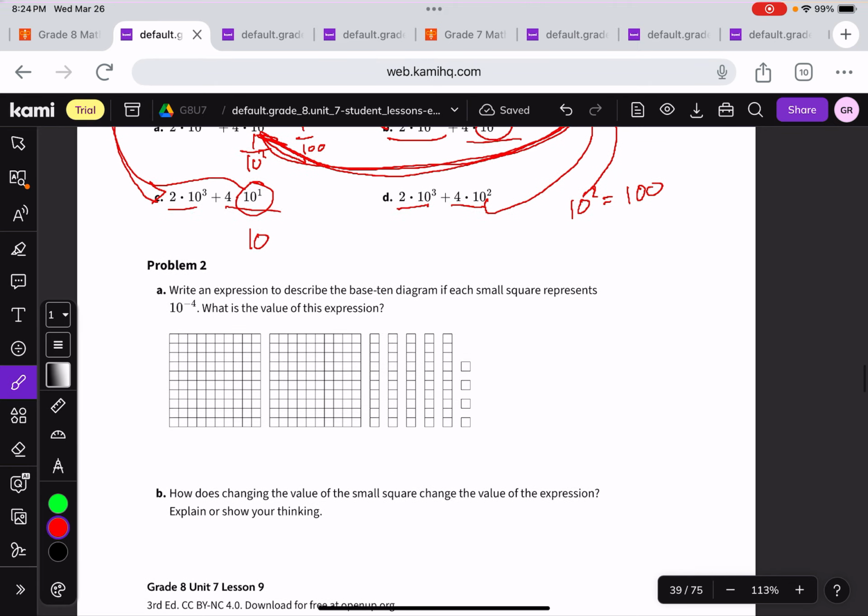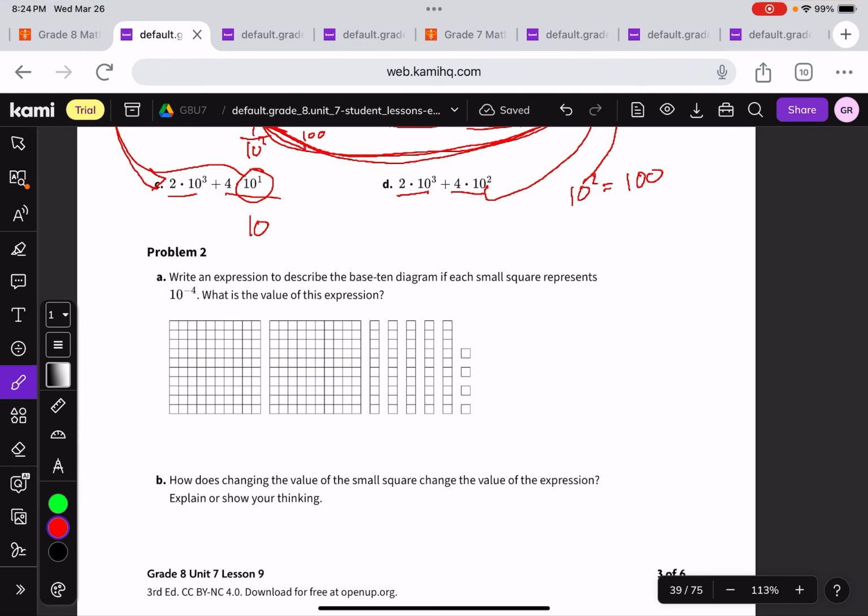And then it says, write an expression to describe the base 10 diagram if each small square represents 10 to the negative fourth. So this tiny square is 10 to the negative fourth. Well, if I took this and times it by 10, I'd get one of these. So if that is 10 to the negative fourth, then one of these is 10 to the negative third.